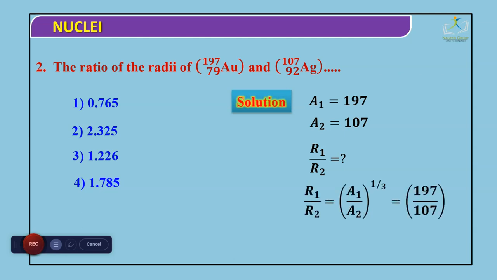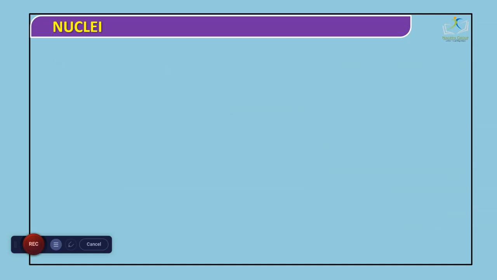R1 by R2 is (A1 by A2) to the power 1 by 3, that is (197 by 107) to the power 1 by 3. That means 1.84 to the power 1 by 3. After solving, we get the value 1.226. According to this, the correct option is the third one.